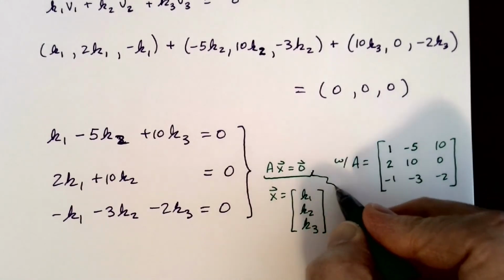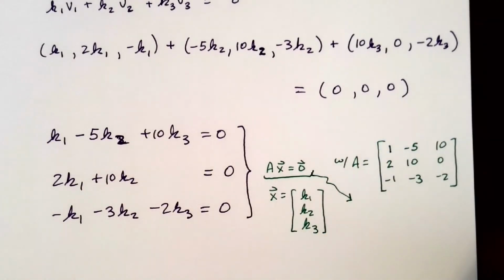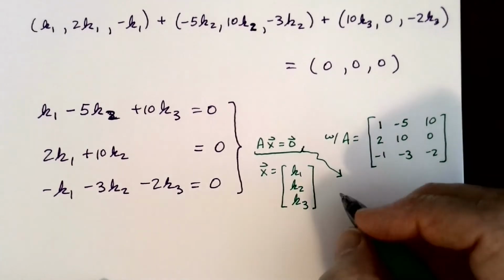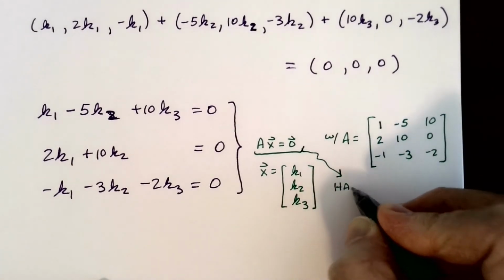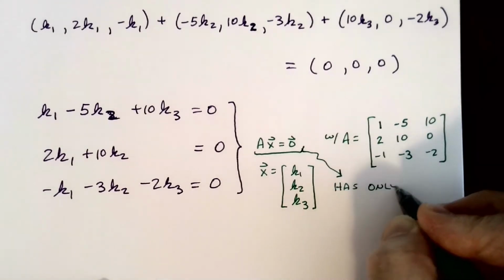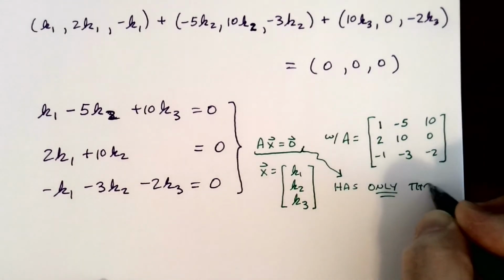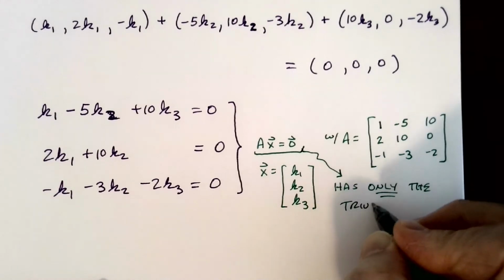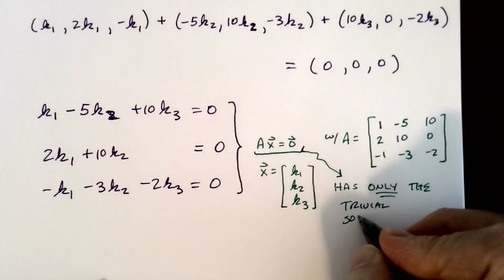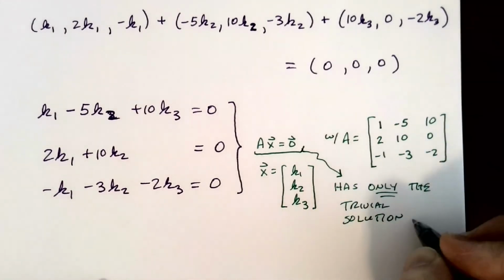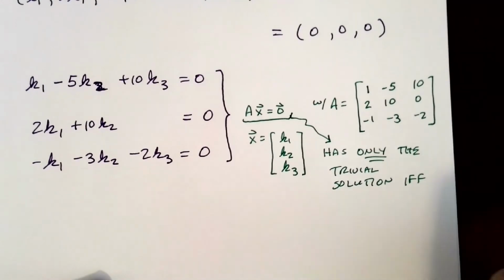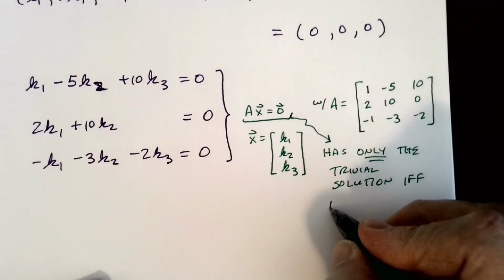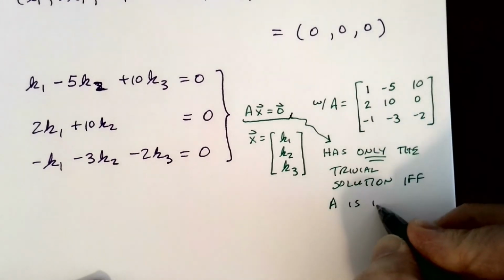We know something about equivalent statements involving square matrices. AX equals 0, if A is a square matrix, has only the trivial solution if and only if A is invertible.